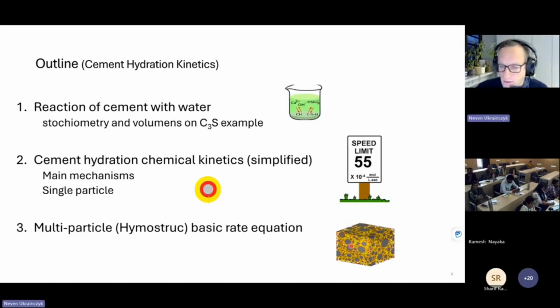And this is the multi-particle Hymostruc. When you run the Hymostruc, you will get something like this, where you have the full particle size distribution effects. So the smaller particles, they hydrate faster. They are almost completely hydrated in the beginning if they are very small, and the bigger particles, they react slower.